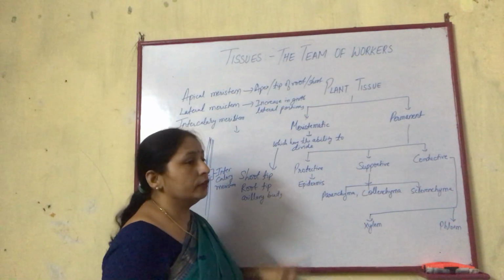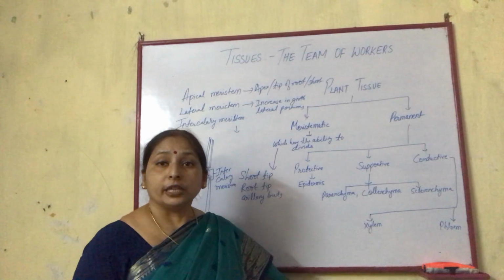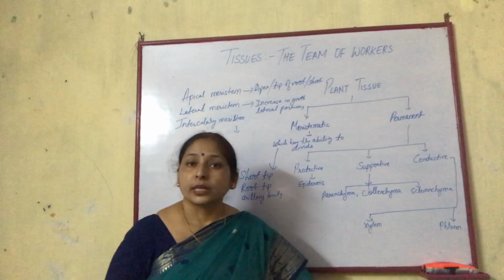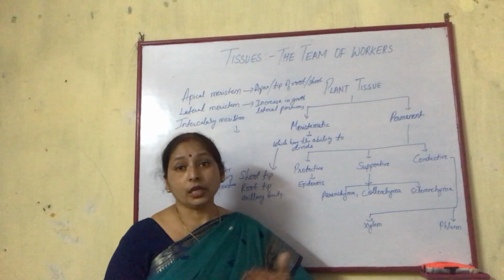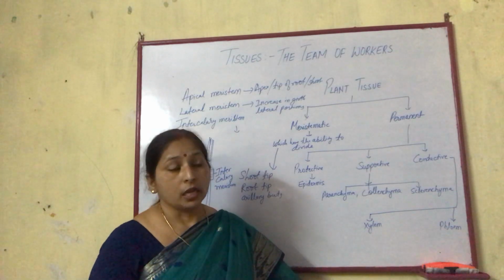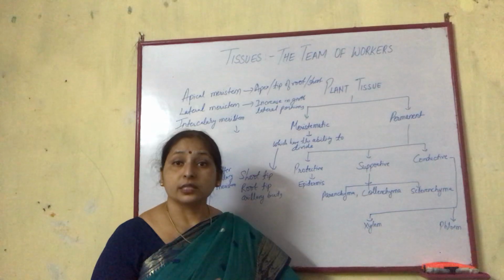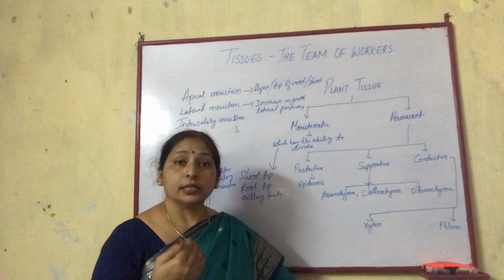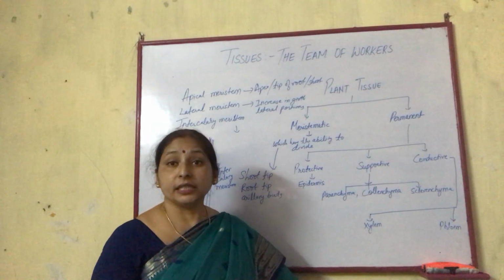First is protective tissue, which is the epidermal tissue. Epidermal tissue is the tissue which forms the outer covering. An outer covering requires toughness, stiffness, rigidity.